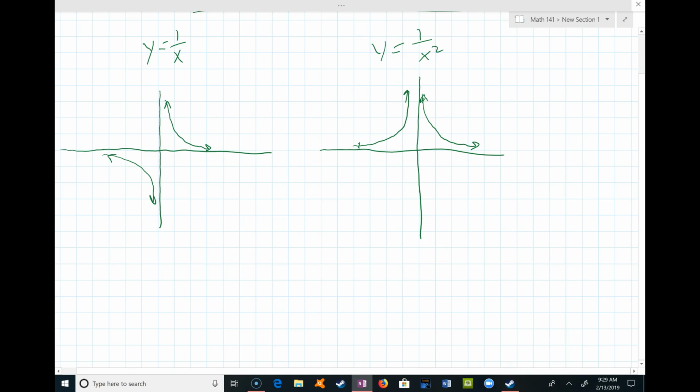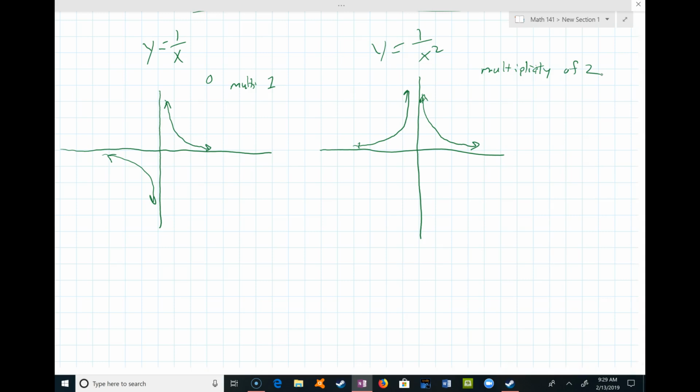But the difference is, in here, 0 is a root with multiplicity 1. And over here, it has a multiplicity of 2, doesn't it? Because 0 occurs twice as a root.